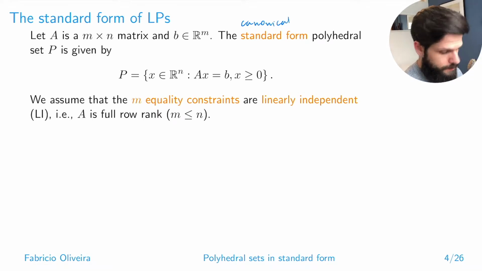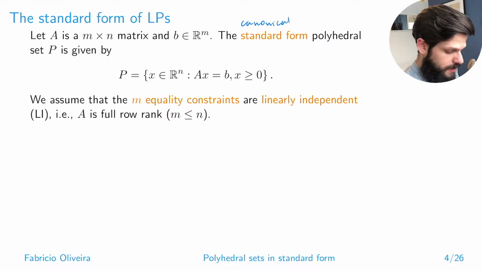Okay, all right. For the sake of understanding what the standard form is, we look at this polyhedral set, which is given by a collection of constraints represented by equalities, and then a requirement that all variables are non-negative. Then we assume that m of these equality constraints are linearly independent.